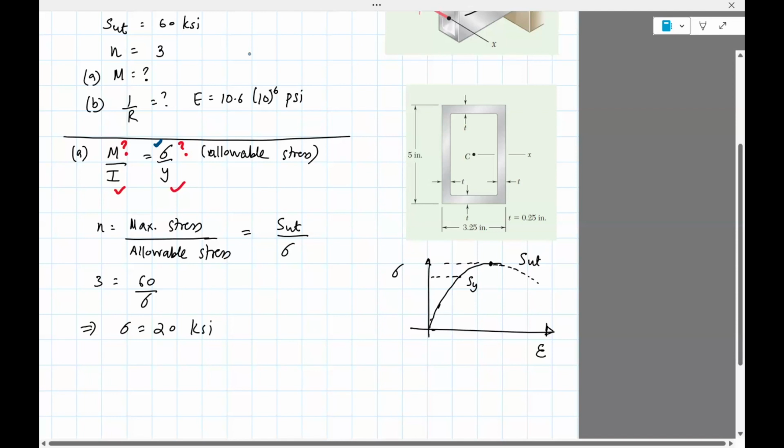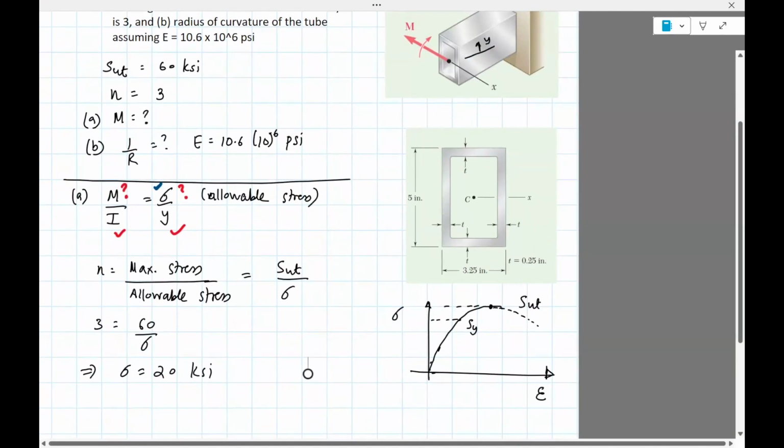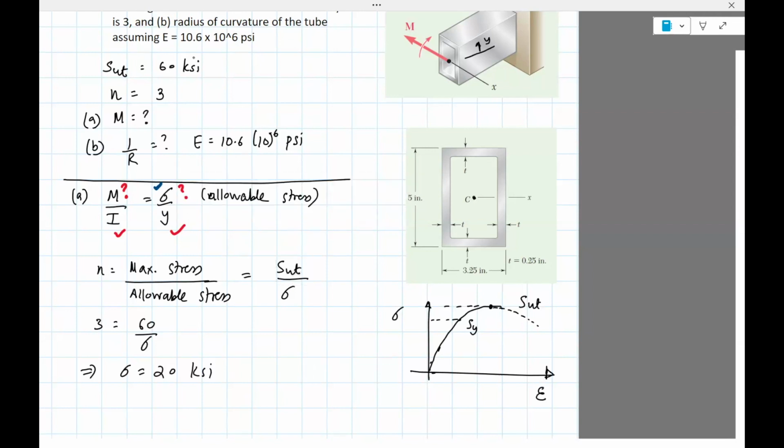We only need to compute I and Y. Okay, Y is actually kind of trivial because it's a regular geometry, even though it is a rectangular hollow section. We know that the center is going to be at C around those axes. So we are not really worried too much about Y. It's going to be half of the height. But the other one is something which we need to figure out, I.